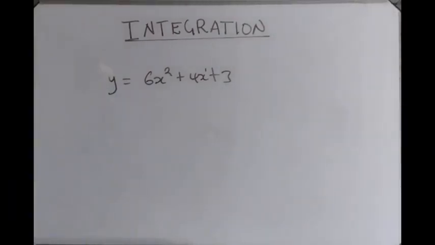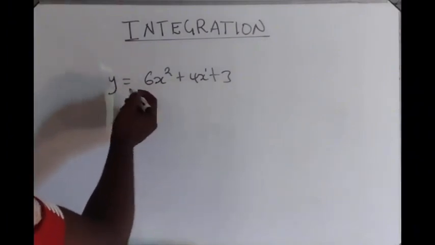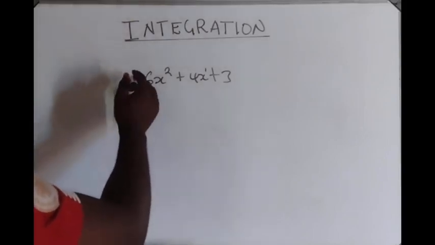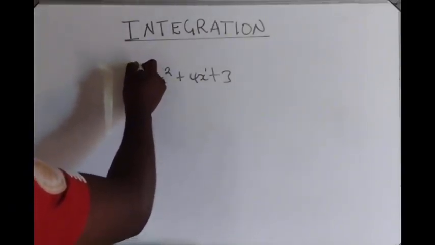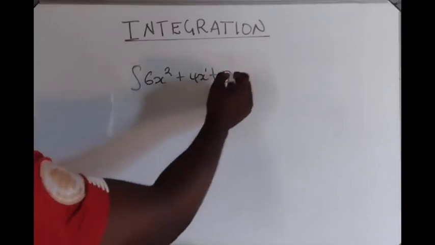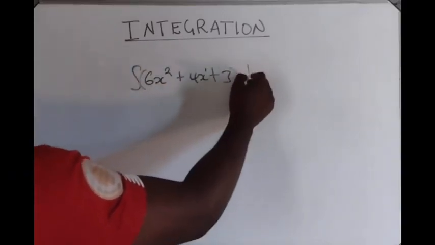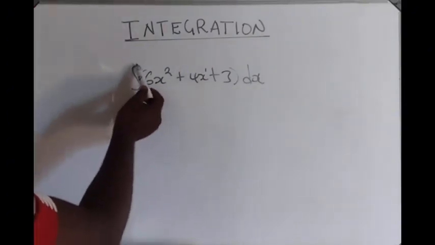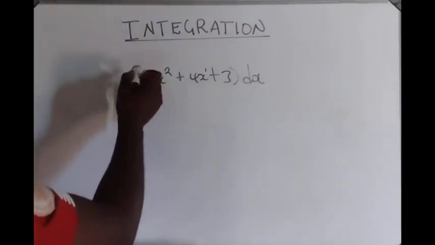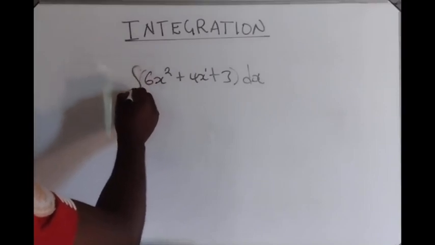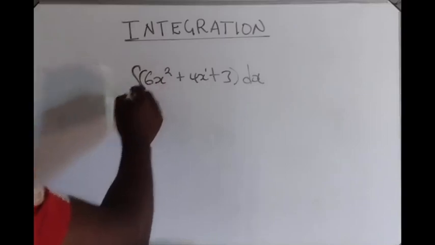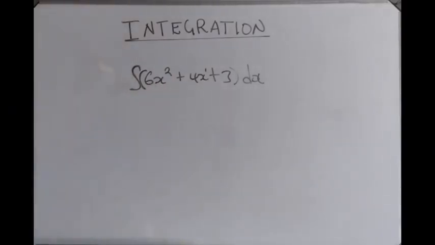Here we are given a function, and they will ask you to find the integral of this function, like this, then dx. The symbol that you are seeing means integral. It means to integrate, to find the reverse process of differentiation.